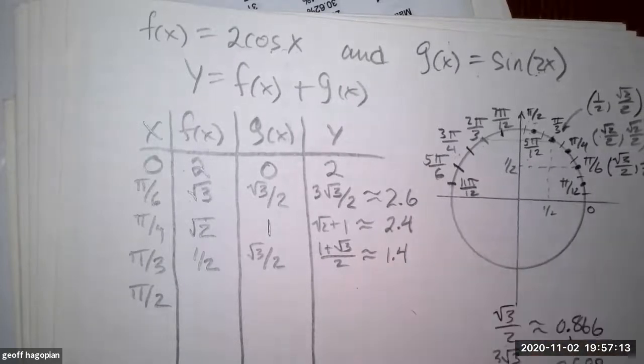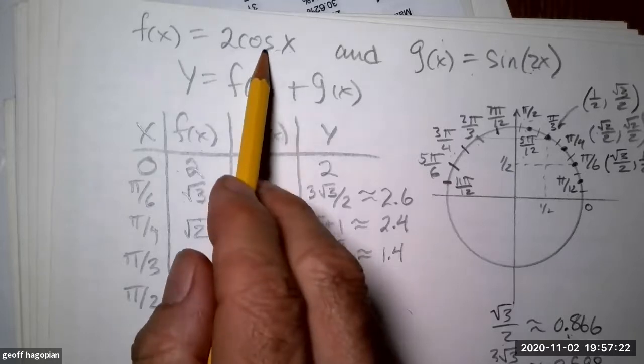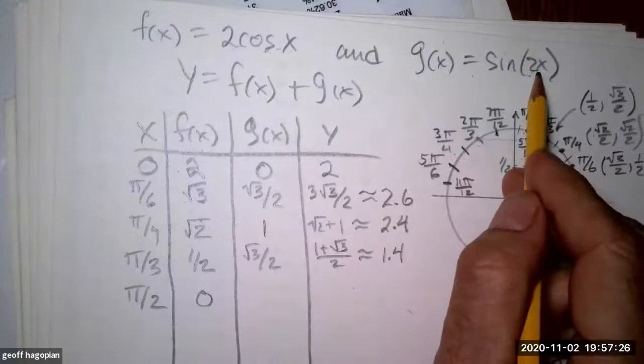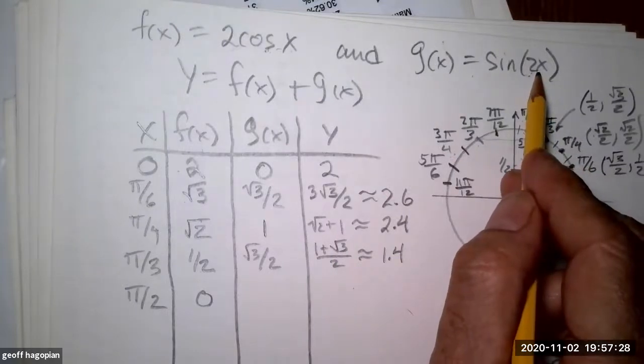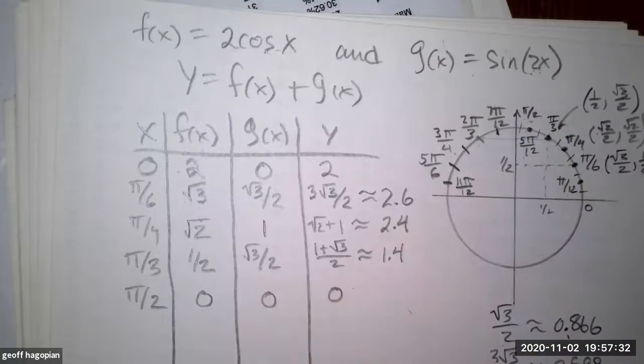So we went down a whole unit. And pi over 2, well, cosine of pi over 2 is 0, right? Twice pi over 2 is pi. The sine of pi is 0, right? And 0 plus 0 is 0. So we're at equilibrium.